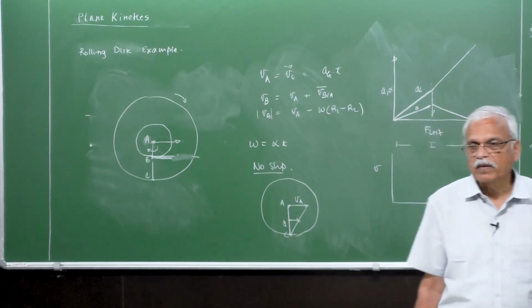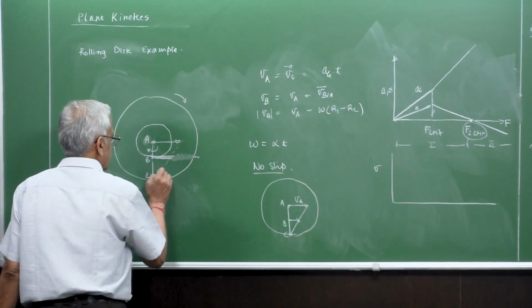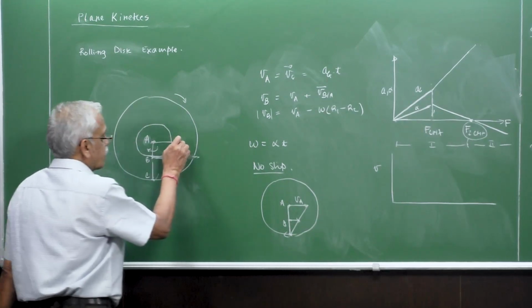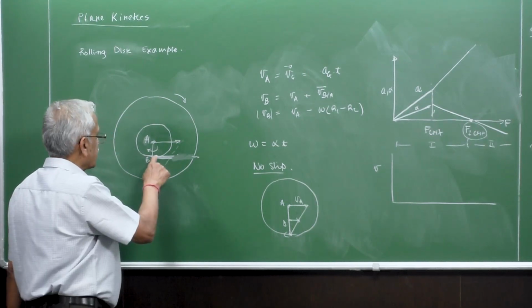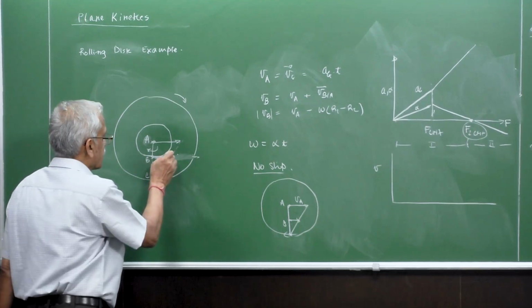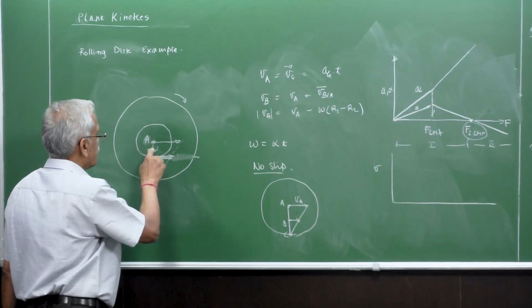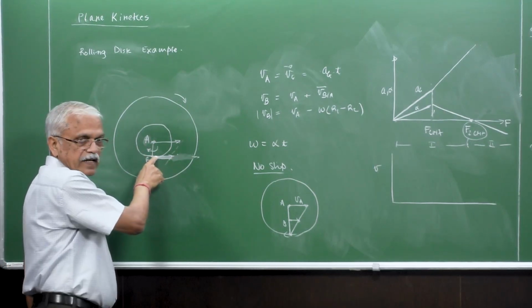So what does that mean? That means this A here is moving faster than B, or you can say that B is moving slower. So what does that mean? With respect to B, A is moving forward, right?